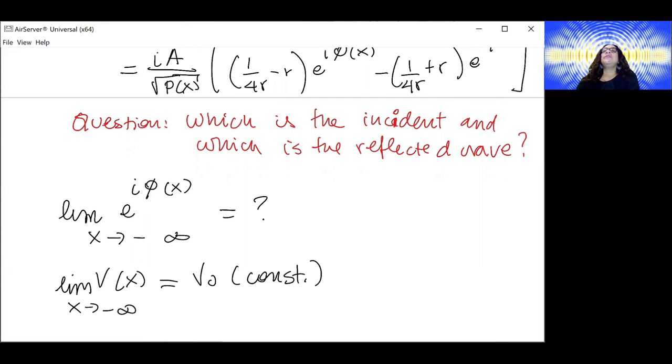So far, so good. Because in this region, we can say that p(x) is also approximately constant.